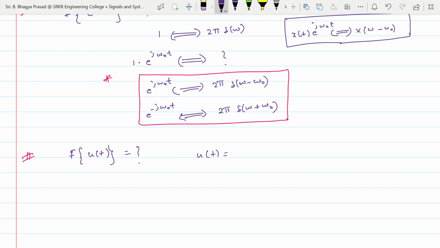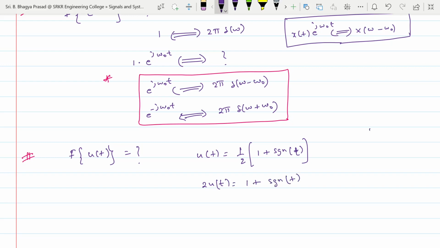That is, u(t) = 1/2 (1 + sgn(t)), or twice u(t) is 1 plus sgn(t).